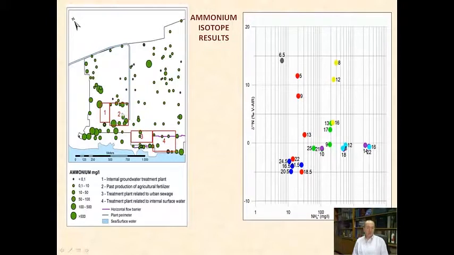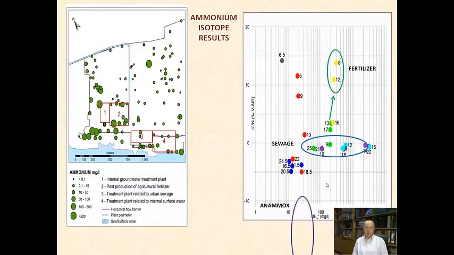The main source can be the fertilizer, of course, but something can happen with the sewage system too. So we can identify the sewage system, which is close to zero in terms of delta 15 nitrogen for ammonium, and we can also identify the fertilizer source, which can be really enriched in delta 15 ammonium, indicating the possibility to arrive from the fertilizer.